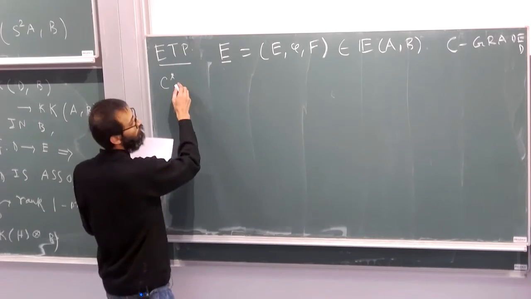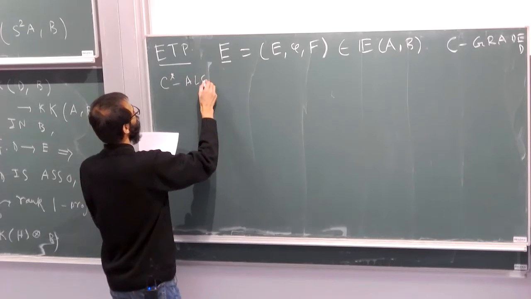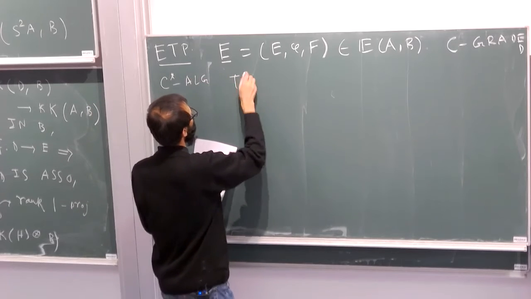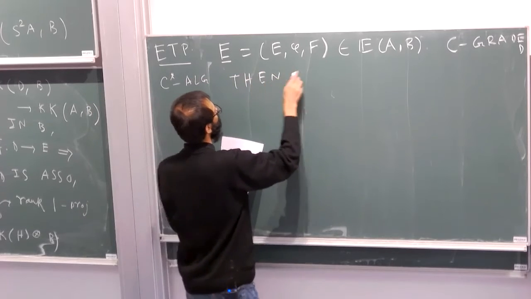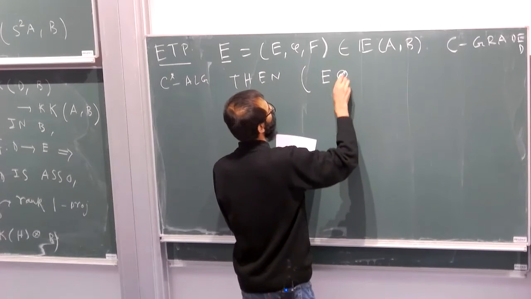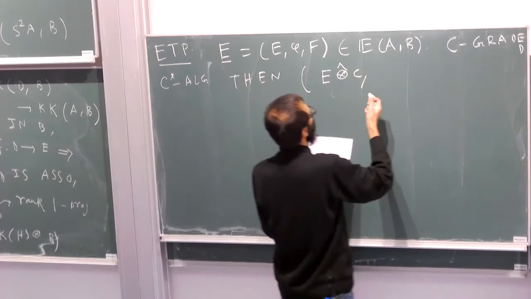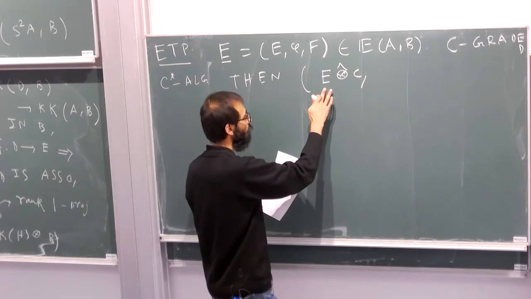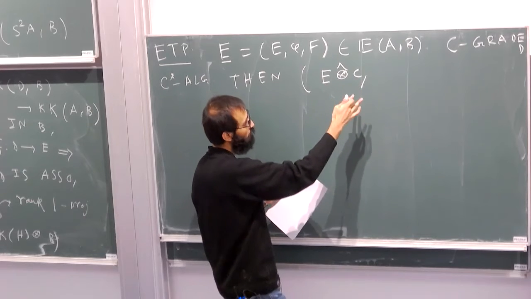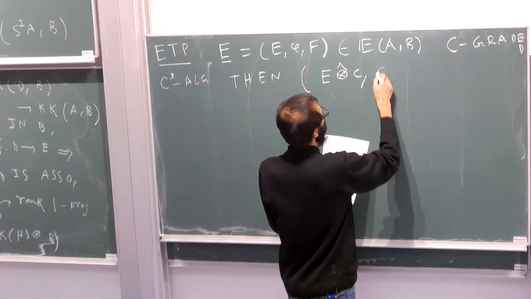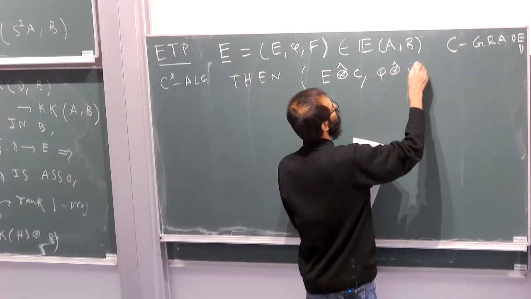C-star algebra, then E is the B-module, C is the C-module. It's phi tensor identity.